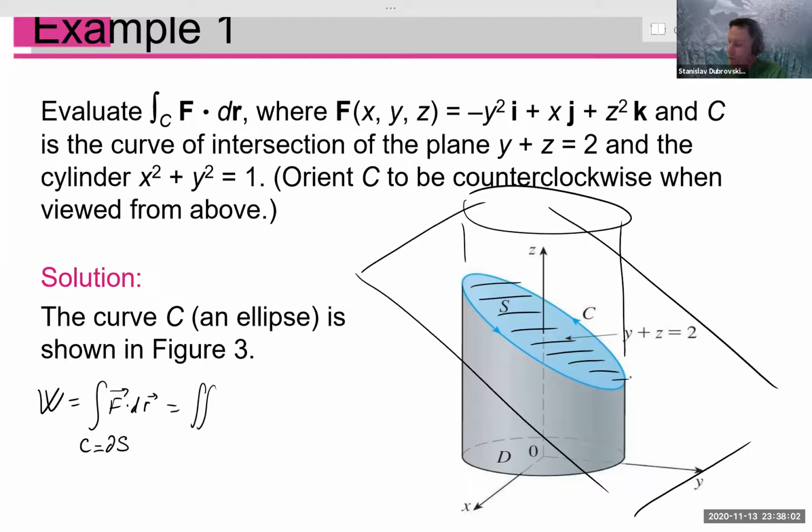So that's what we'll take as our surface, and according to Stokes, we can say that it should be the same as the integral of curl f dot n, the unit normal to the surface, and we will take, of course, the upward unit normal, because that would give us the correct orientation on the boundary, ds.